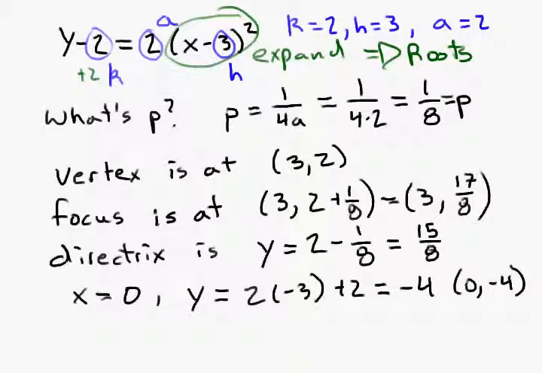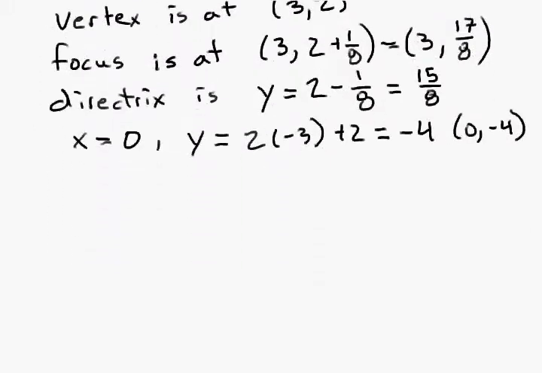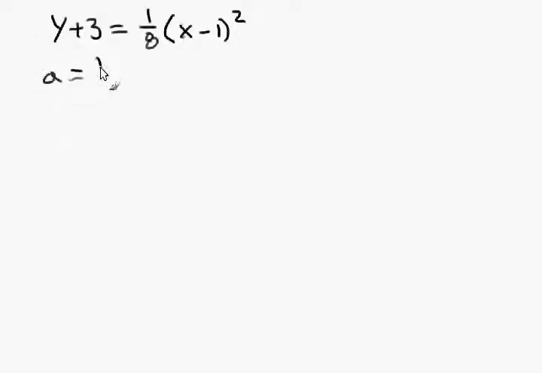Let's look at another parabola. Let's take the parabola y plus 3 is equal to 1/8 times x minus 1 squared. A is equal to 1/8. P is equal to 1 divided by 4 times 1/8.